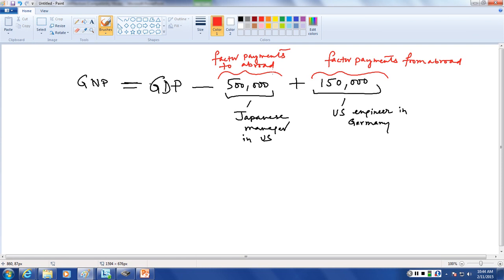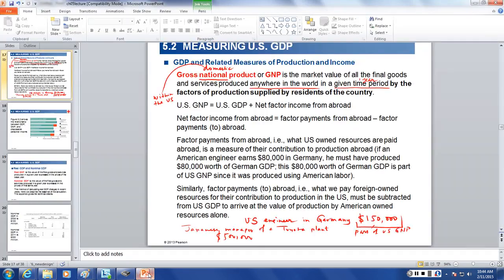So we now have a relationship between GNP and GDP. And that relationship is that GNP is equal to GDP plus net factor income from abroad. And what is net factor income from abroad? It's factor payments from abroad, that would be the $150,000.